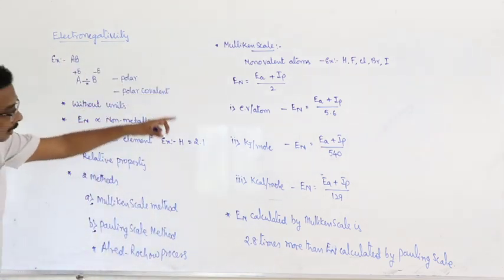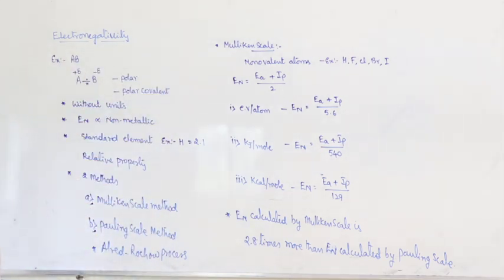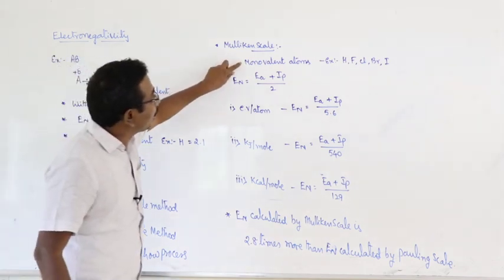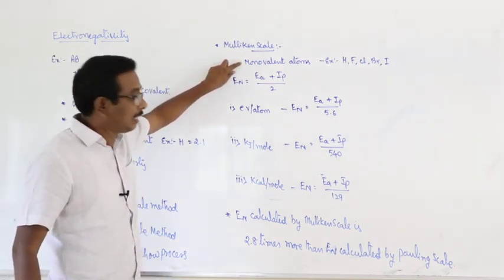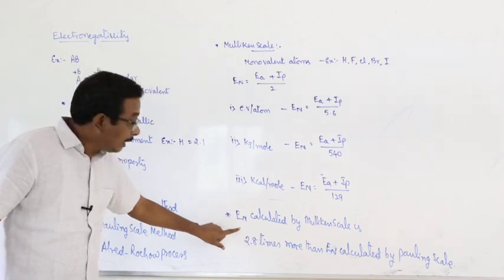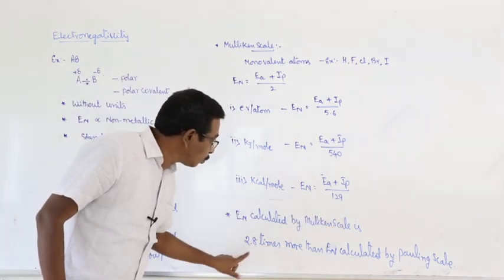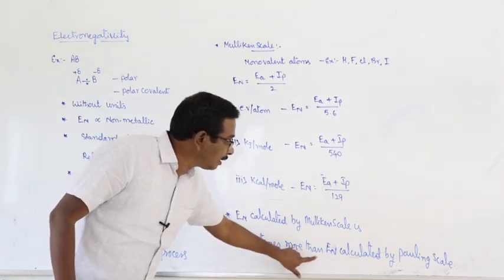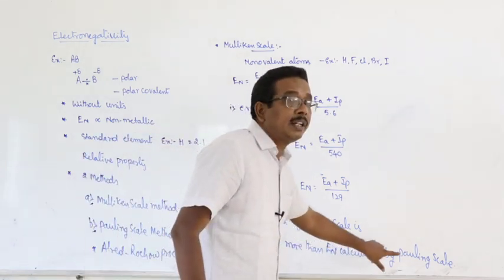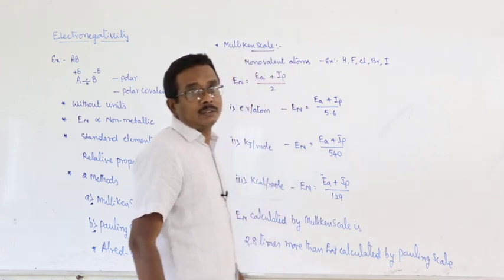This is about the Mulliken scale, right? Mulliken scale is applicable for only monovalent atoms, and here electronegativity calculated by the Mulliken scale is 2.8 times more than that of electronegativity calculated by Pauling scale.